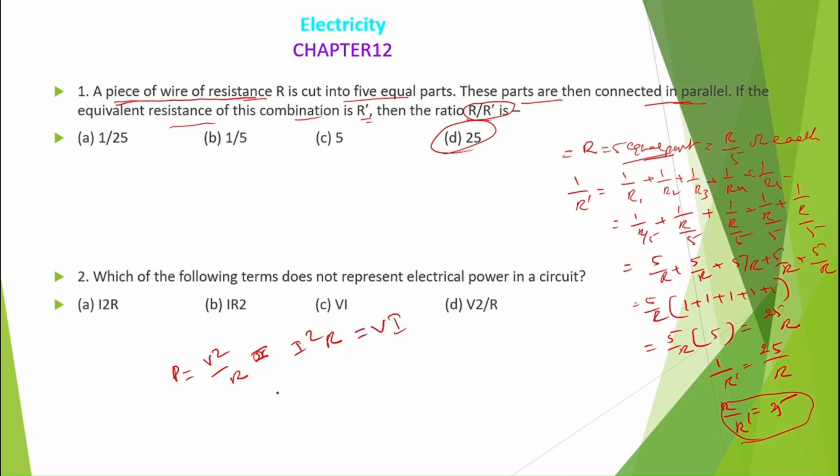You see here, V square by R is there. He is asking which does not represent the electrical power. And I square R, this is I square R, so that is also there. VI is also there. So what is left? Only I R square. This is not in these formulas. So this is the answer.